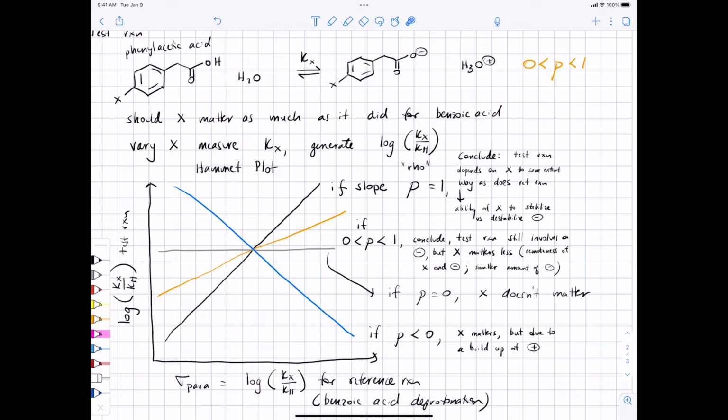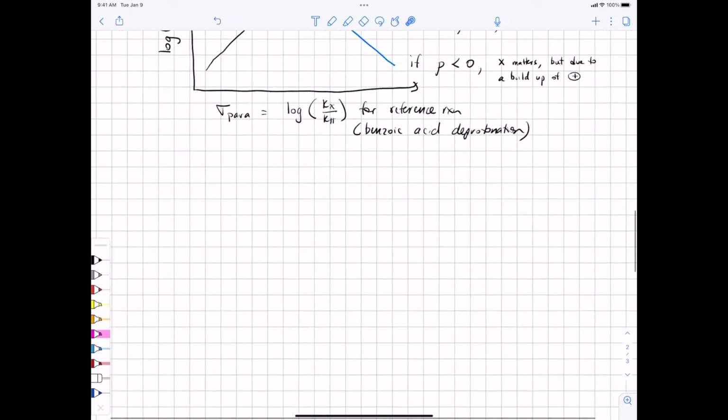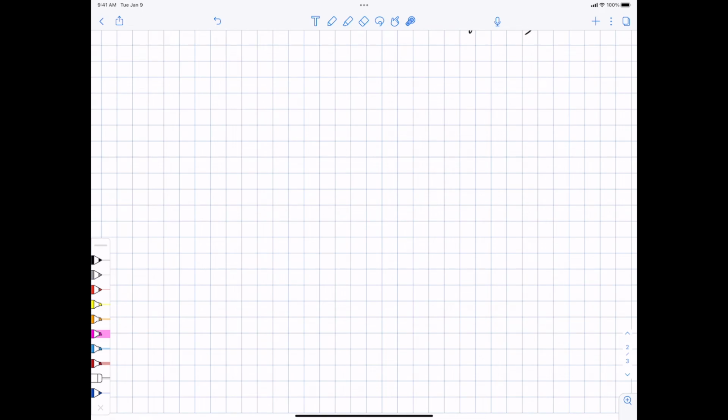Okay, so let me show you just a few examples of some other reactions you can analyze this way. One of them is the solvolysis of this benzyl chloride.